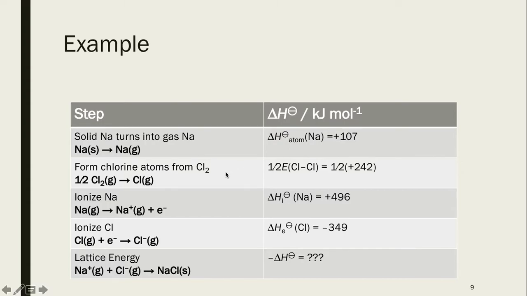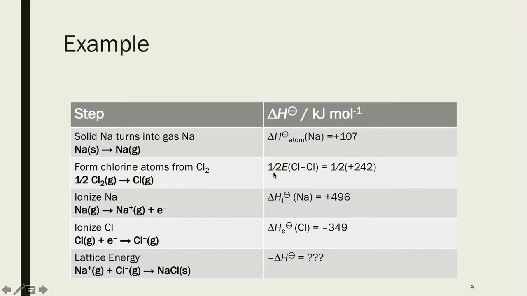Chlorine in its standard state is diatomic and it is already a gas. Well, we only need one chlorine atom. So what we have to do is break that chlorine molecule into its chlorine atoms, and then we only need one of the atoms, so we're going to take half of that enthalpy.